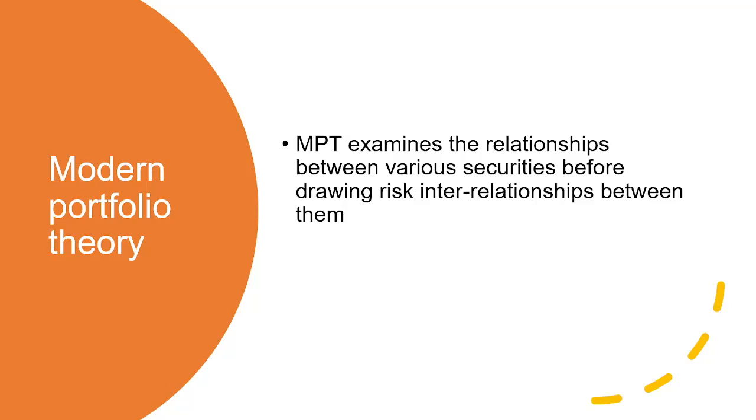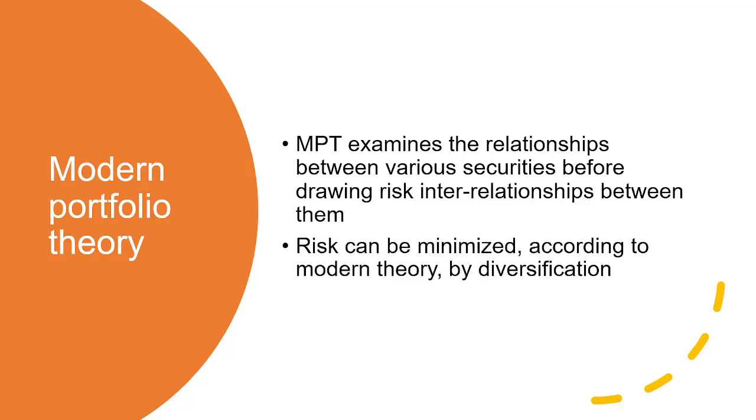The MPT promotes the use of a variety of securities to maximize the returns. MPT examines the relationships between various securities before drawing risk and return relationships between them. It is not possible to achieve success by attempting to obtain all low-risk securities, according to the theory.